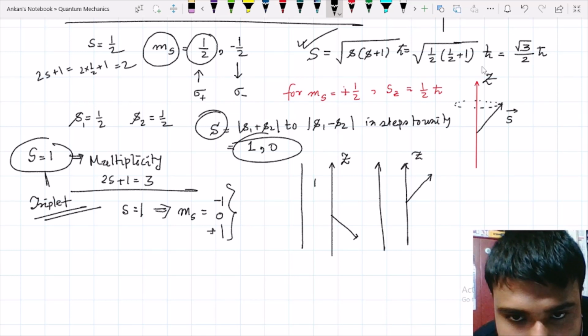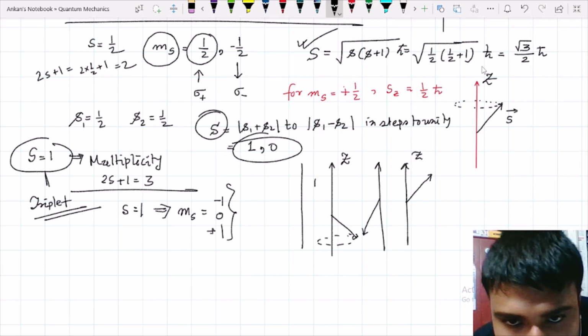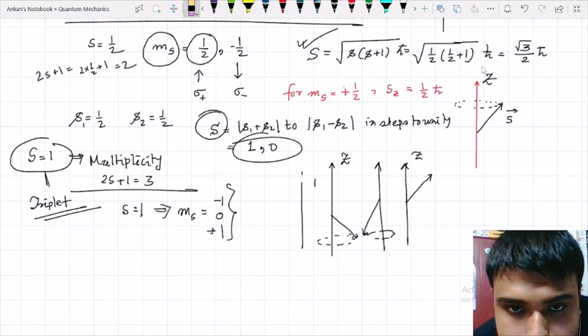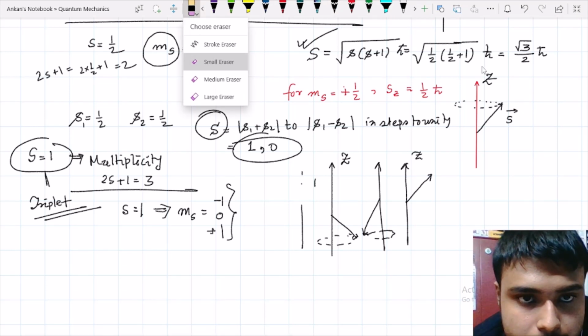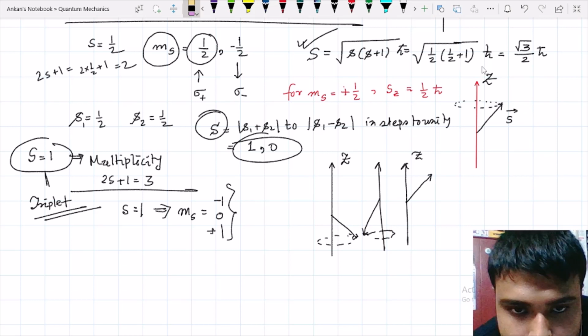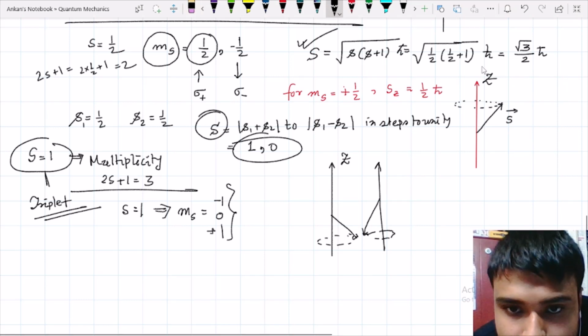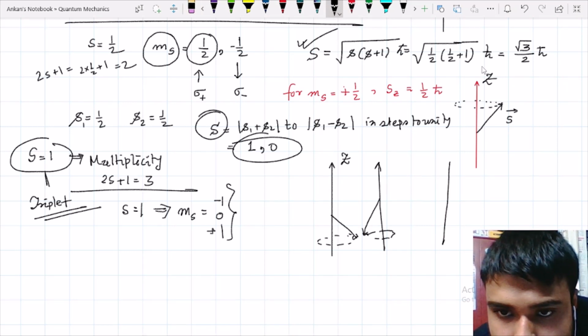Minus 1 will correspond to this system, and plus 1 similarly we can draw.